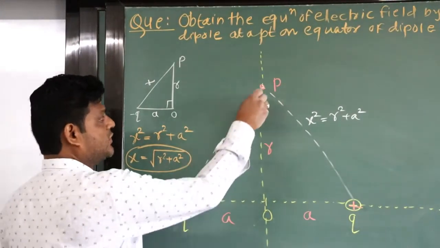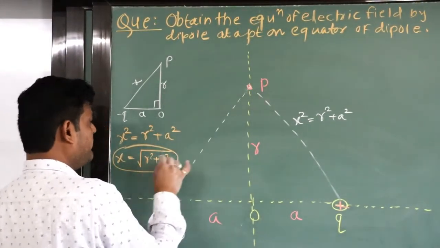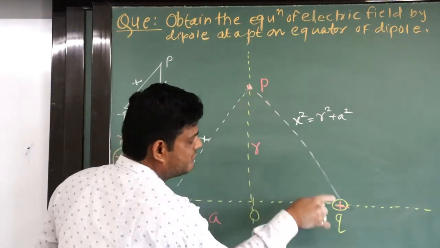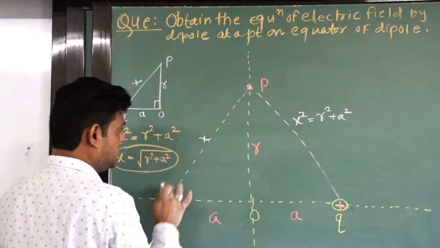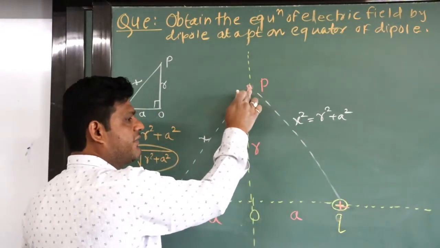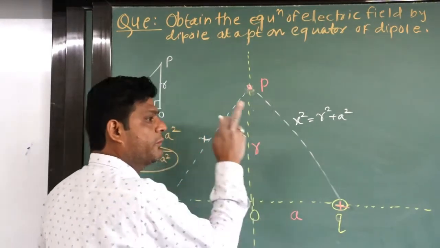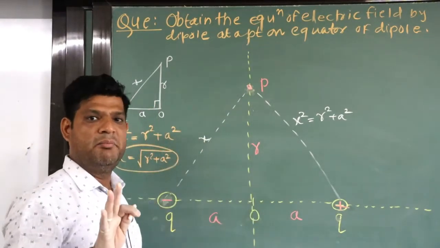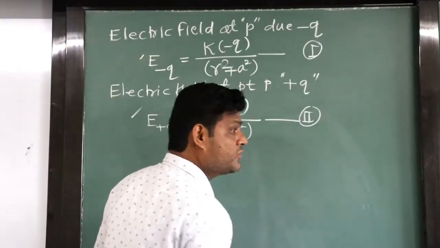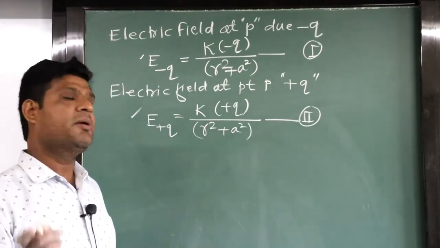Because the distance of P from the minus q, denoted by x, and the distance of P from the plus q are the same. That's why the electric fields at point P due to the minus q and the plus q are equal in magnitude. Understand? So equation 1 and equation 2 are equal in magnitude.